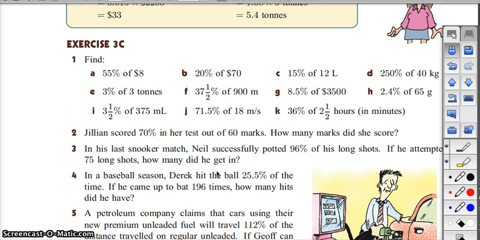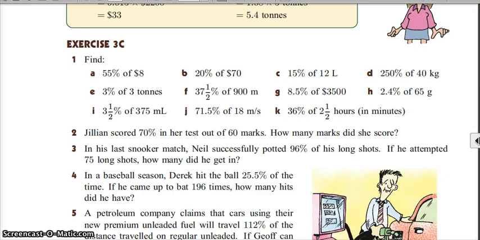How do we remember how to do this one? What are some key ideas that we have to remember in order to achieve these ones? Ben, what are some things we need to remember if we just look at 55% of $8? If we read from left to right, what's the first thing we need to remember?